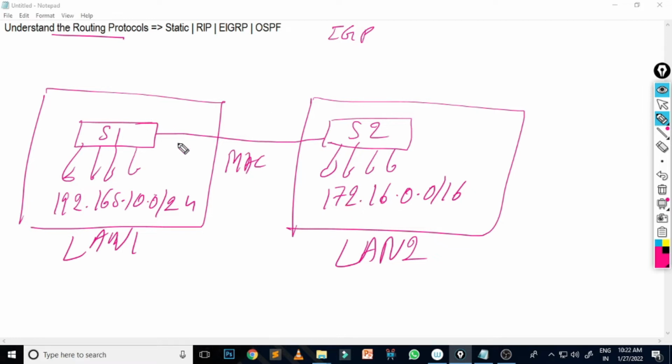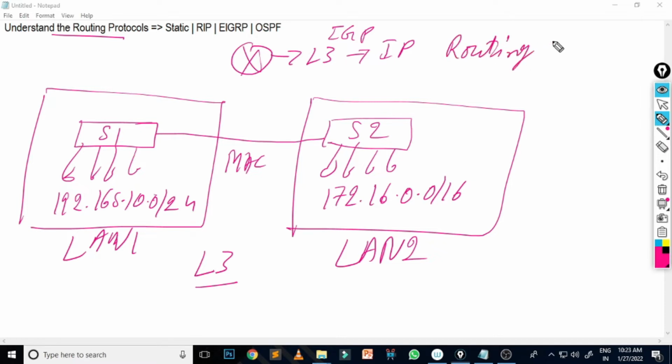So definitely we need some kind of device which works on layer 3. So let me take a router here. A router always works on layer 3, which is IP based communication, because a router has a feature called the routing table, right?